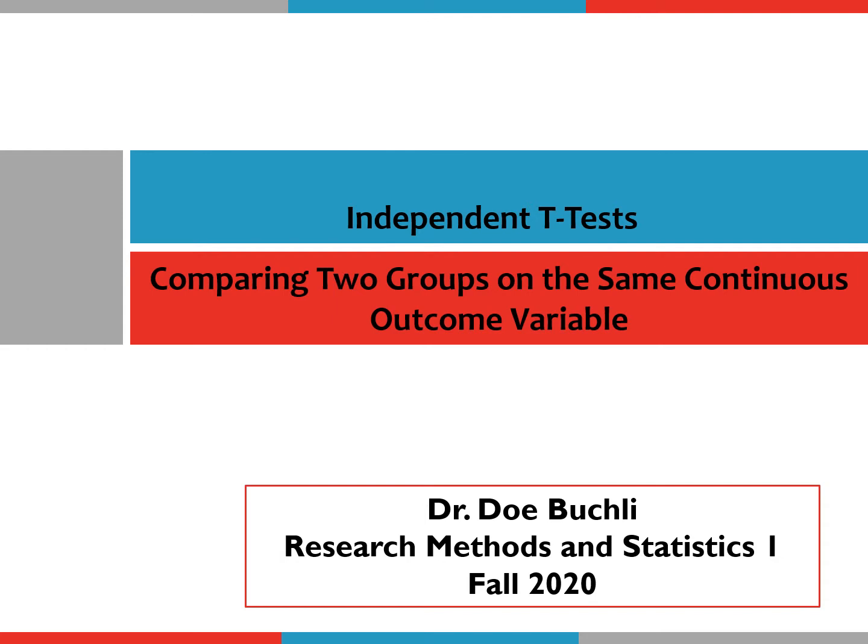For this particular video, I'm going to talk about a statistical test known as an independent t-test. Whenever we conduct an independent t-test, we're going to be comparing two different groups in our sample on the same continuous outcome variable. So let's go ahead and jump right into it.